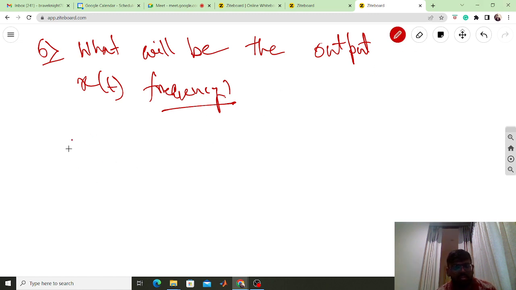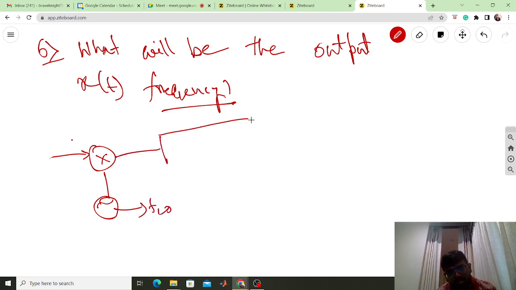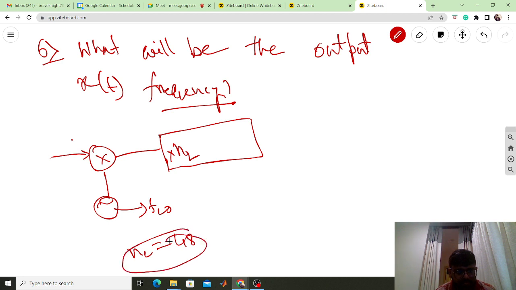There was a local oscillator, some blocks are coming, and there was a local oscillator, and this was the FLO, and then it was going through an N2 times multiplier, where the N2 value was given equal to 48. So what will be the output of xt? That is the question.